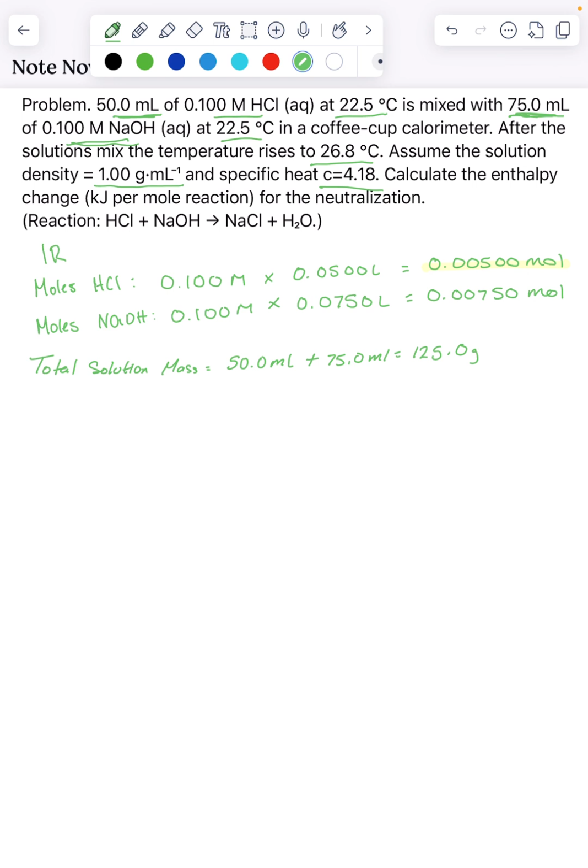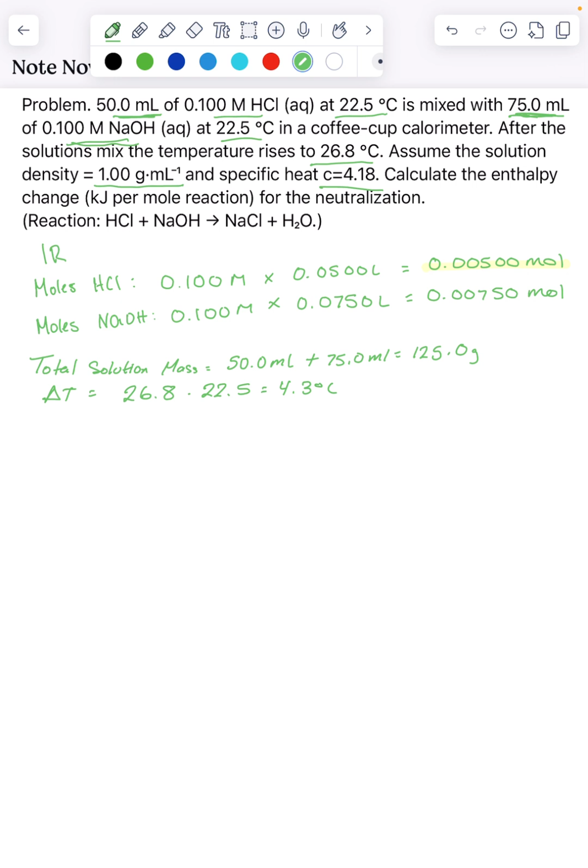The temperature change is the final one, 26.8, minus the initial one, which is 22.5, and you get 4.3.